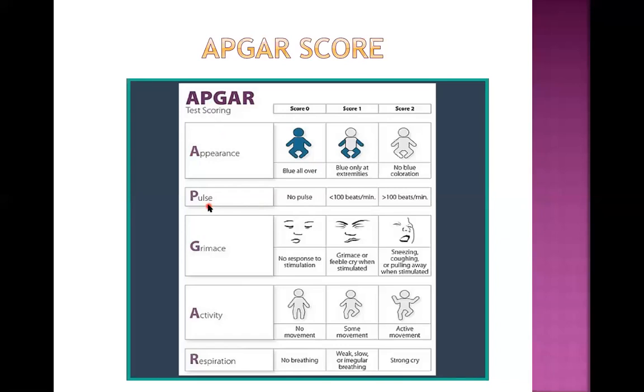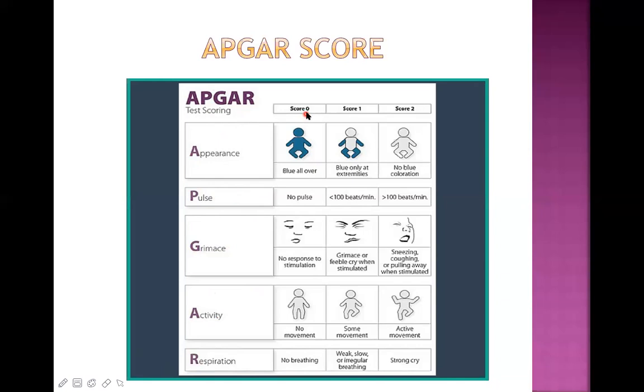In the newborn baby we call it heart rate actually, but pulse and heart rate are the same thing here. G is for grimace, we'll explain this. A is for activity and R is for respiration. See here, APGAR, Apgar. This is Apgar score.